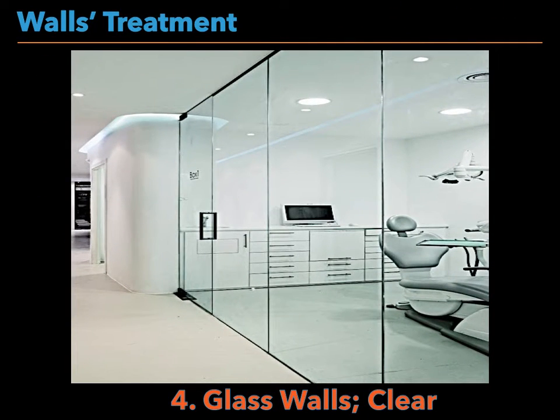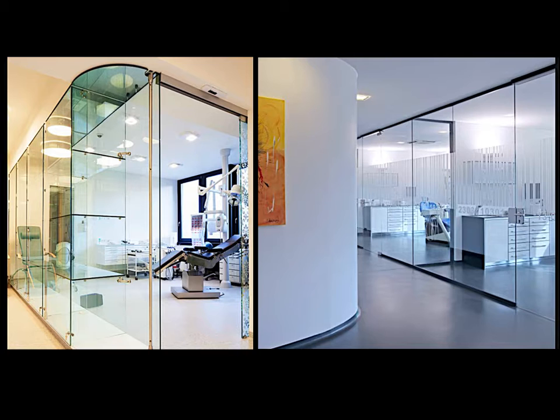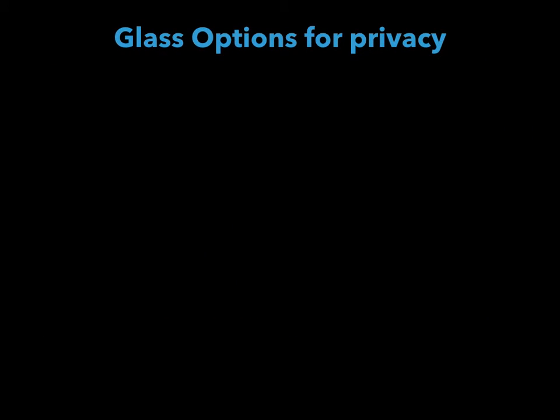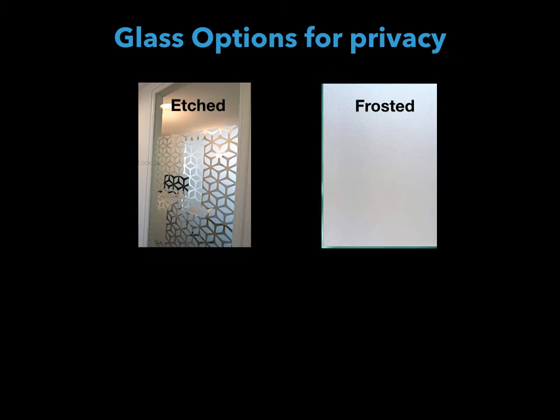Replacing an entire interior brick wall with glass is another trick that makes a room feel wider and brighter, especially if you can use clear glass. Again, if you need more privacy, you can use etched or frosted glass.